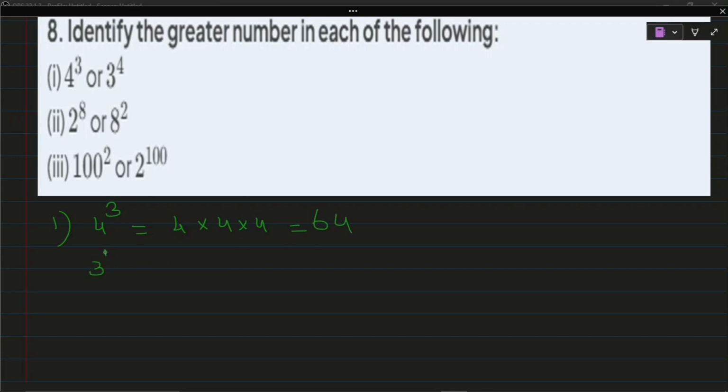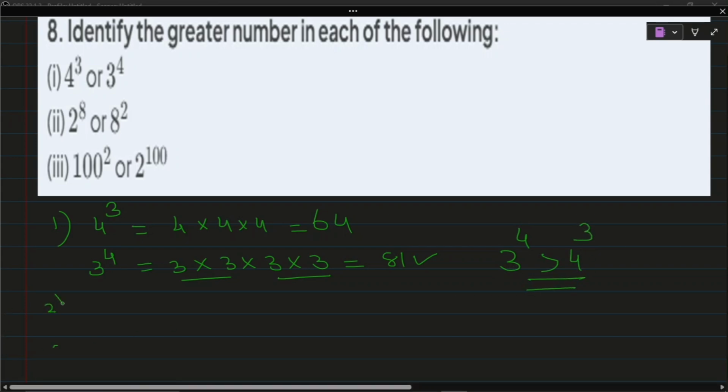And 3 raised to 4 means 3 into 3 into 3 into 3. Because the power is 4, it is repeating 4 times. So 9 into 9, that is 81. So here this number is greater, that means 3 raised to 4 is greater than 4 raised to 3.